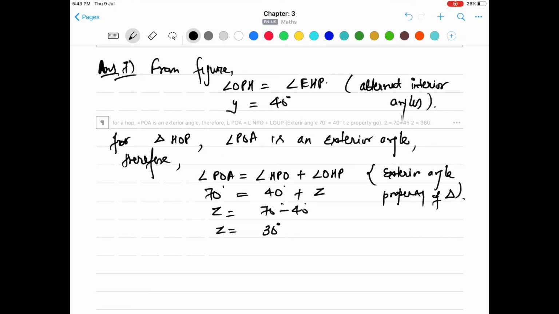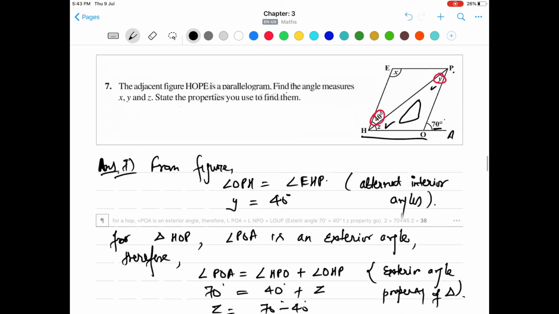Now we have to find only angle x. You can see in this parallelogram the sum of angle E and H will be equal to 180 degree because they are adjacent angles, and we know that adjacent angles of a parallelogram are supplementary.